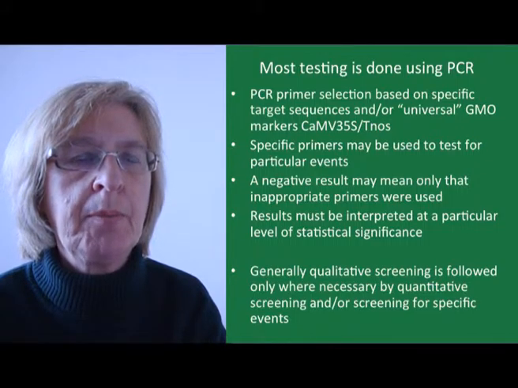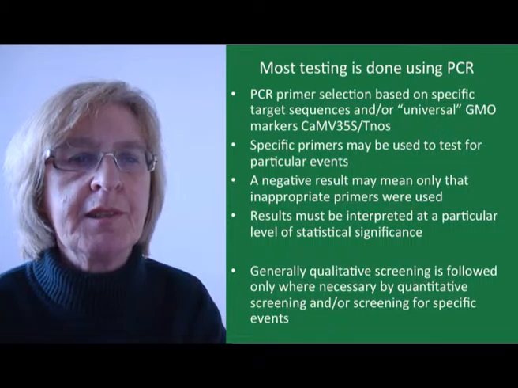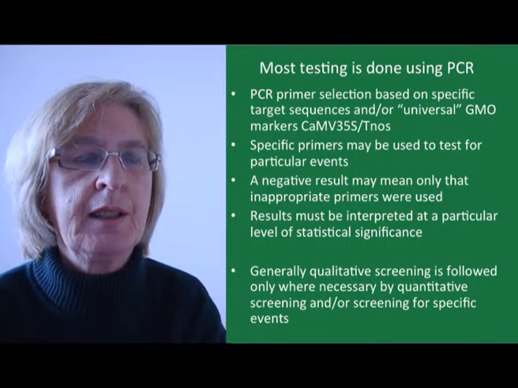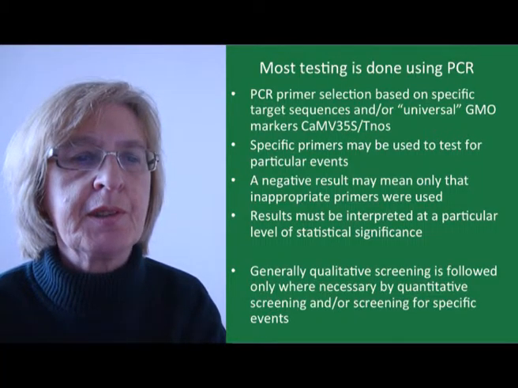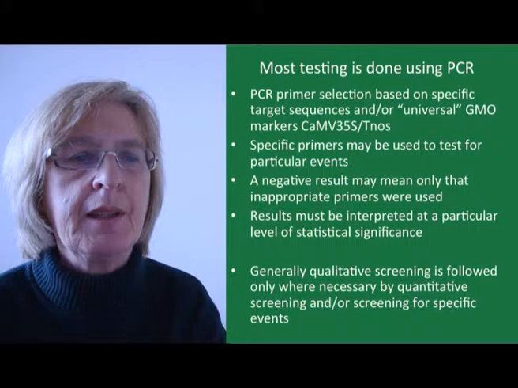However, it should be borne in mind that a negative result may mean only that inappropriate primers were used. In all cases, the results have to be interpreted at a particular level of statistical significance. Generally, qualitative screening is carried out first, and this would be followed only where necessary by quantitative screening or screening for particular events.